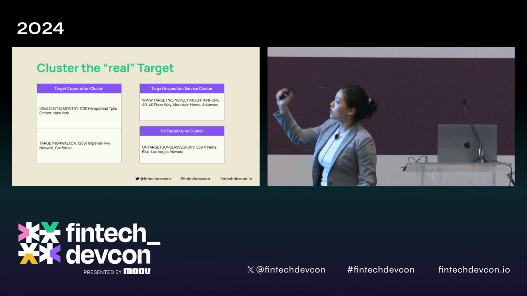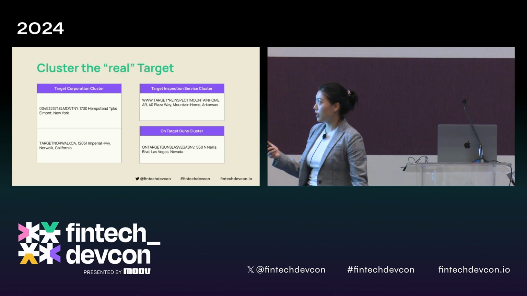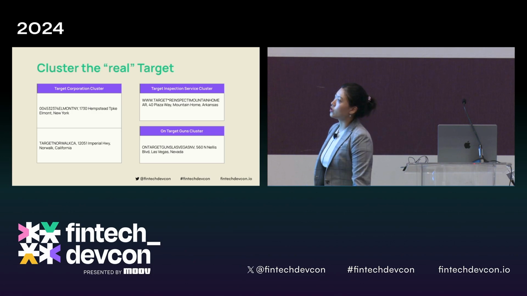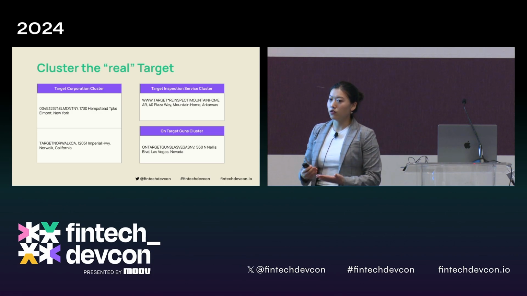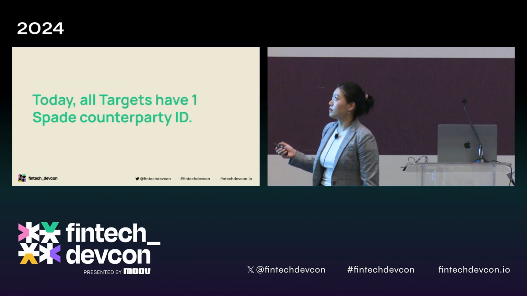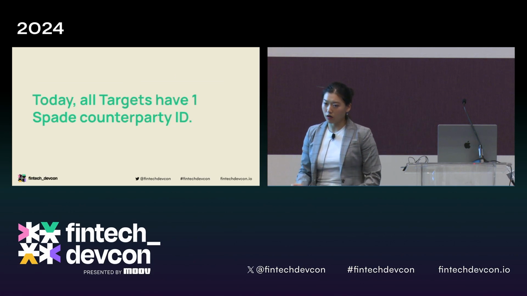For the other 2, we will assign 2 different counterparty IDs. The goal of this whole clustering process is to ensure that every Target location, regardless of MIDs, shares one same counterparty ID. So today, all Targets have only one Spade counterparty ID in our system.